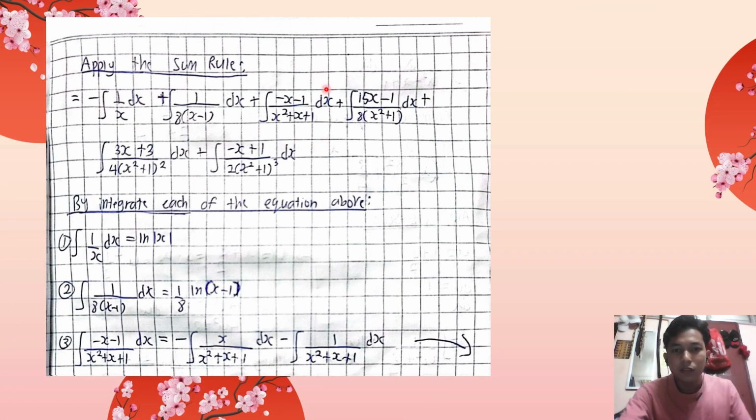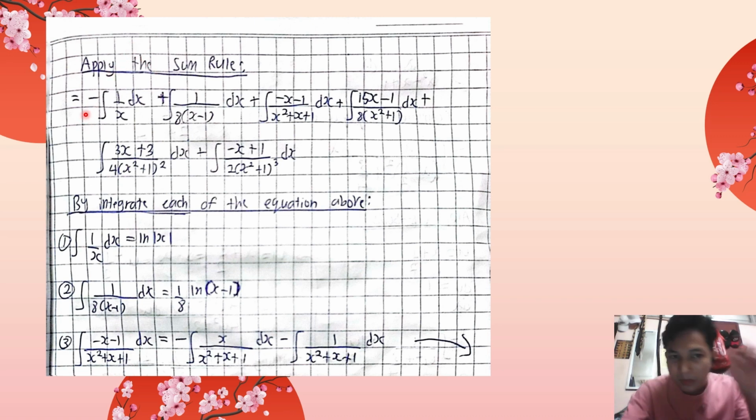So after we finish the partial fraction, we can now do the integrations. Now we apply the sum rule, which is we separate all the integrations.